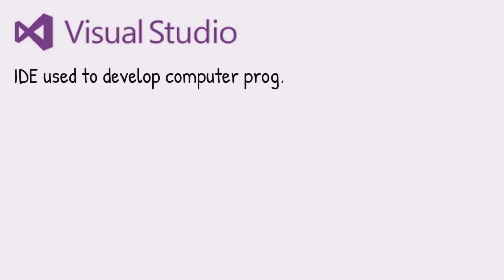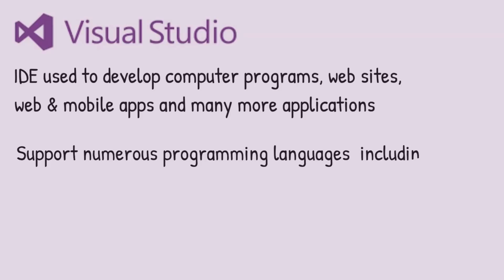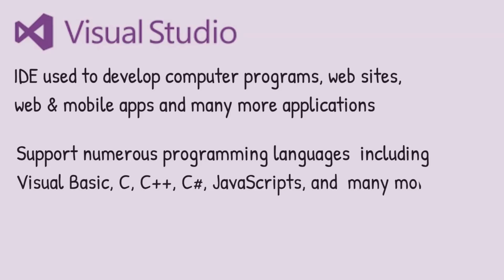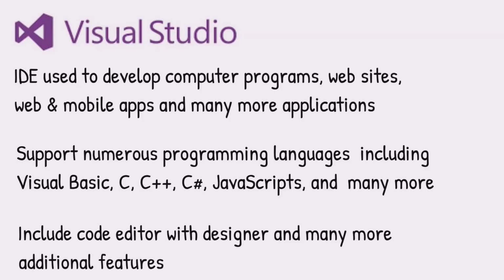Visual Studio is an integrated development environment provided by Microsoft to computer programmers and software developers to develop various software applications like desktop applications, web applications, web services, mobile applications, etc. Currently, Visual Studio supports around 36 different programming languages, including Visual Basic, C, C++, C#, Python, JavaScript, XML, HTML, CSS, and so on.